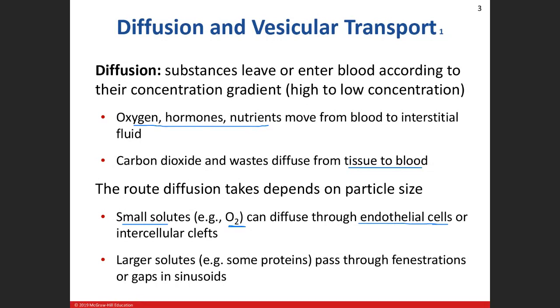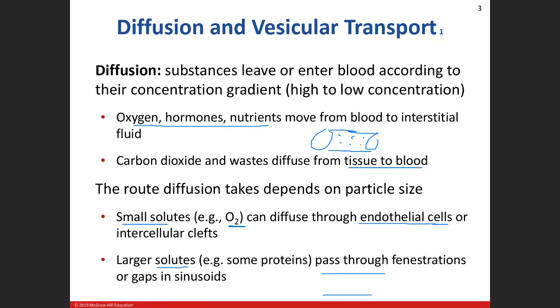The larger solutes are going to have some problems, unless we're dealing with... Remember we talked about capillaries. There are three types of capillaries. There's the continuous, the fenestrated, and that's the capillary that had the holes in it. These tiny holes all throughout, little holes here. And then you have the sinusoid.